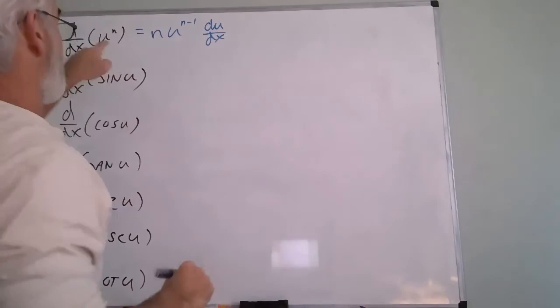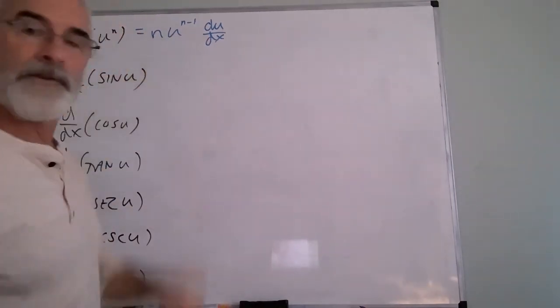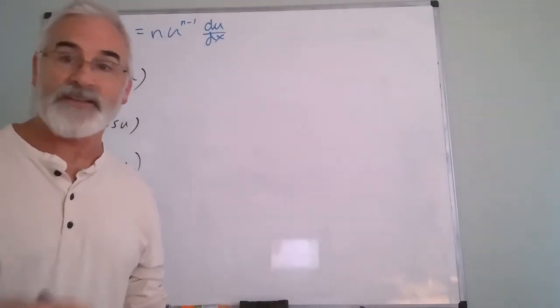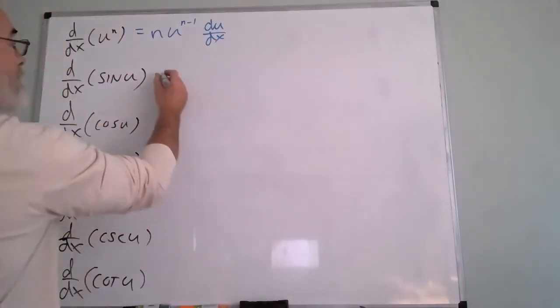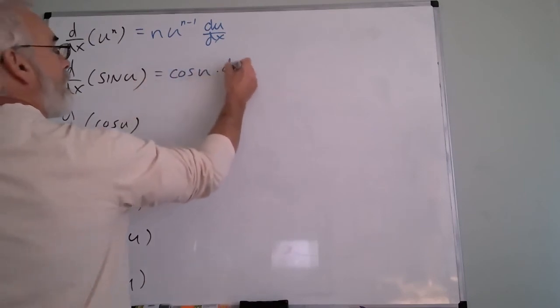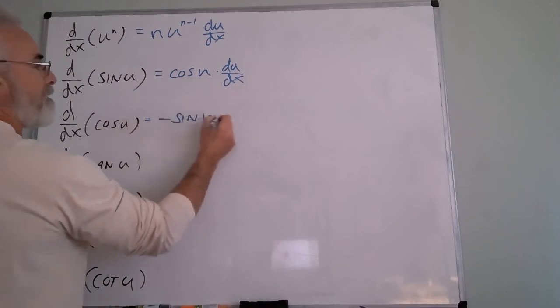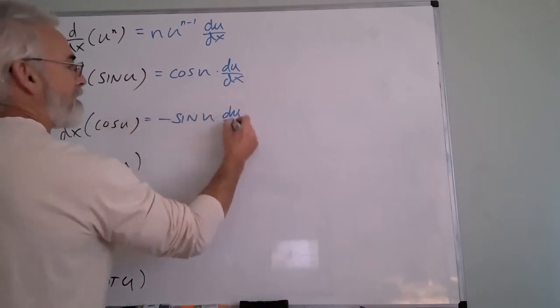So what if this actually is an x? Then this would be a 1, like we said earlier, and that doesn't contradict anything. So let's keep going. This would be the cosine of u times du dx. This would be negative sine of u times du dx.